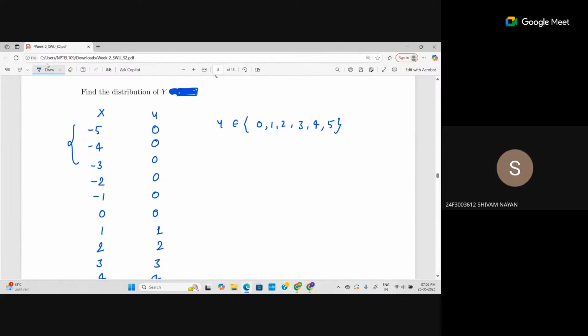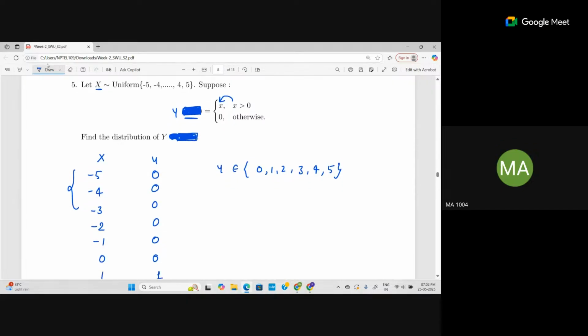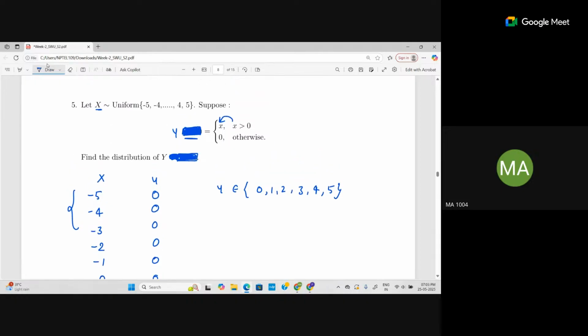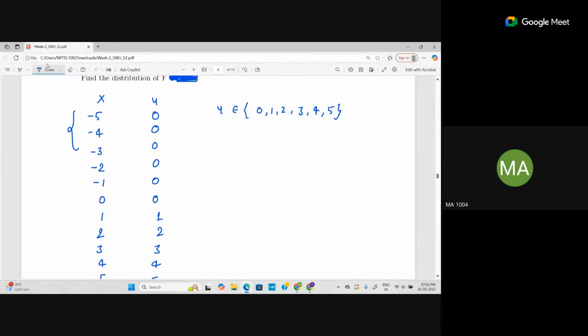Ma'am, for 0 it will be 6 by 11. Yes, it will be 6 by 11. Why? Because you can see that for all the cases -5, -4, -3, -2, -1, and 0, it's 1 by 11 for each. There are 11 values and it is a uniform distribution, so the probability will be 1 by 11 for each case, and we are getting 0 six times.